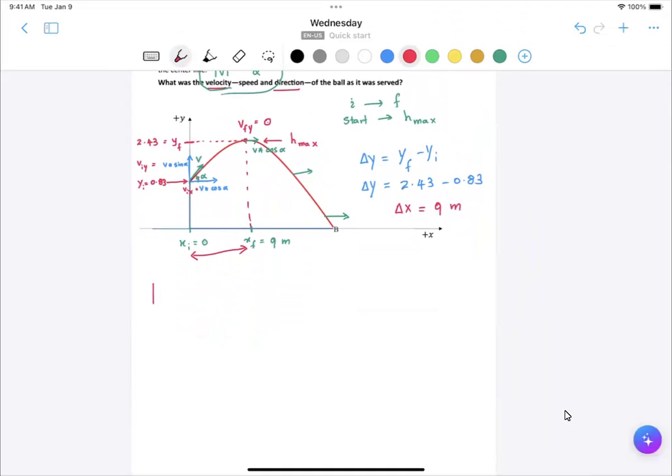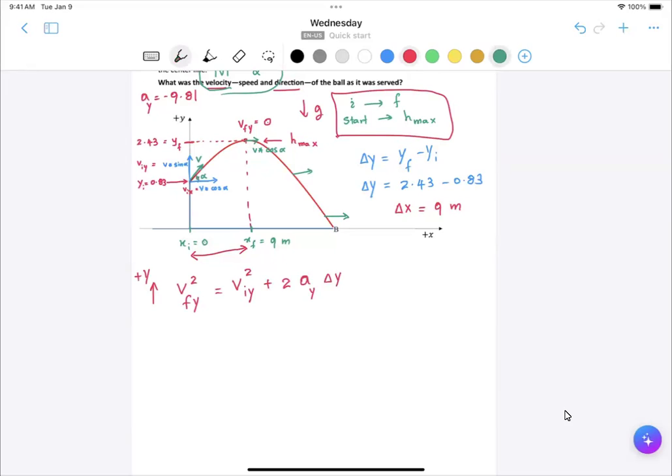I am going to try applying my y direction up is positive. That's when the acceleration along the y becomes negative 9.81. Up is positive. Gravitational acceleration is pointing down. Now, when I apply v final y squared, again, I am considering from the beginning to the max height. That is my ending event, h maximum, equals v initial y squared plus 2 times acceleration along the y times delta y.